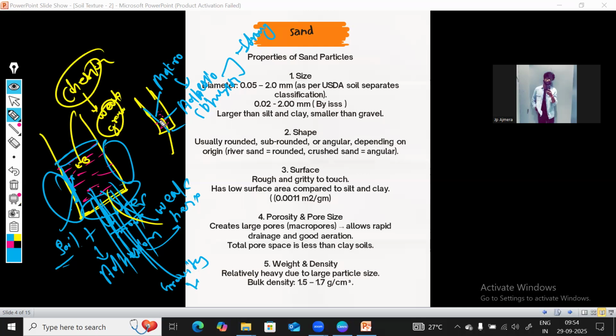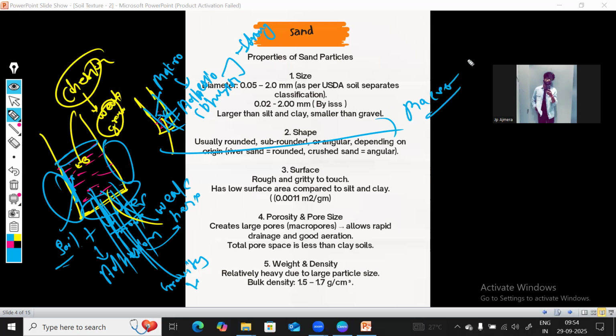These walls of soil particles will hold water. They don't let it go through. They just hold it. So there is a difference between macropores and micropores.